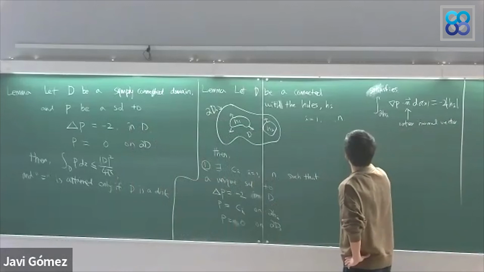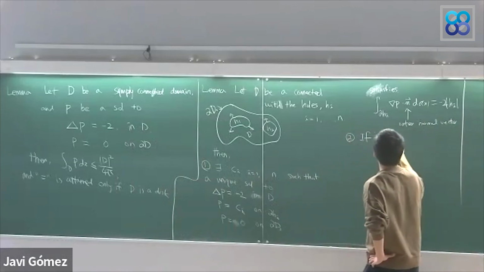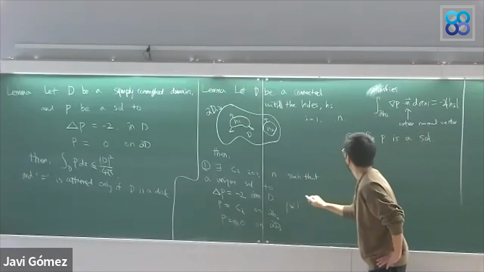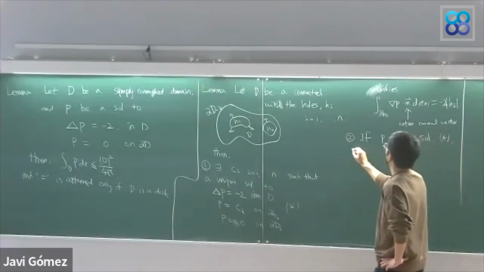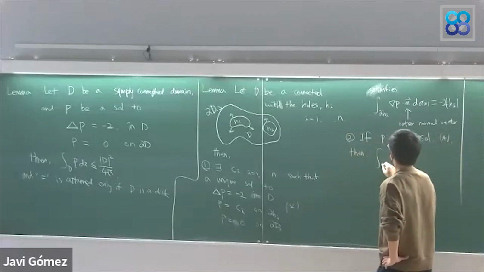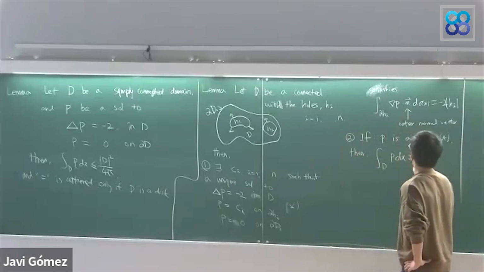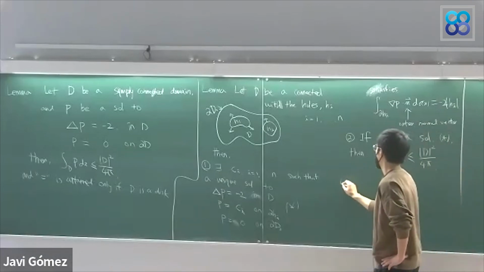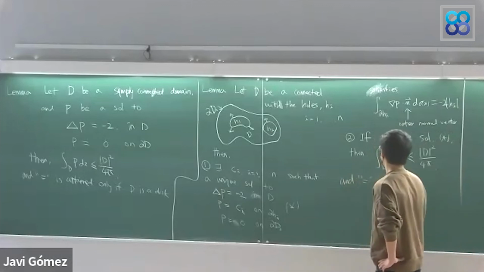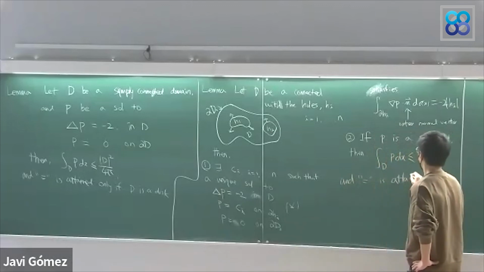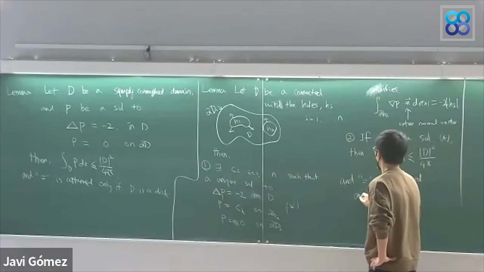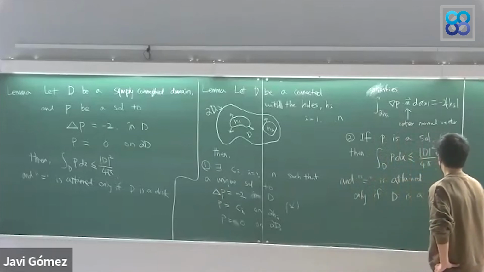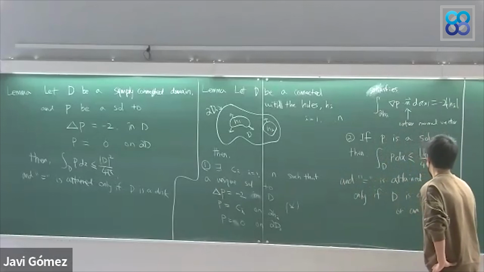And the second statement is that if P is a solution to this equation, then the integral of P is always less than or equal to 4 pi, and the equality is obtained only if P is a disk or an annulus.